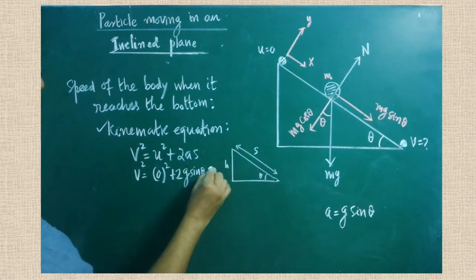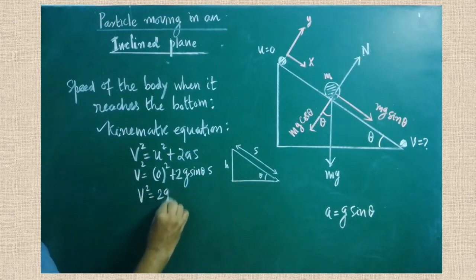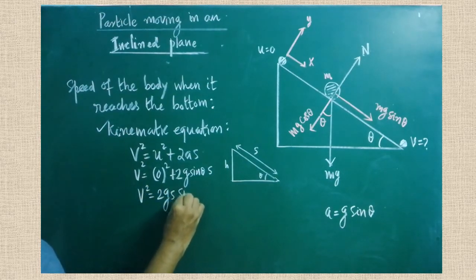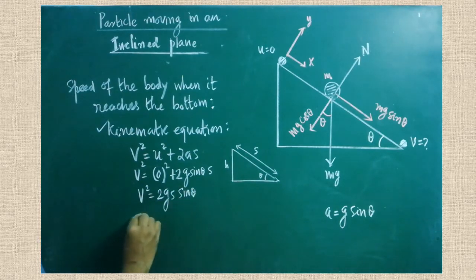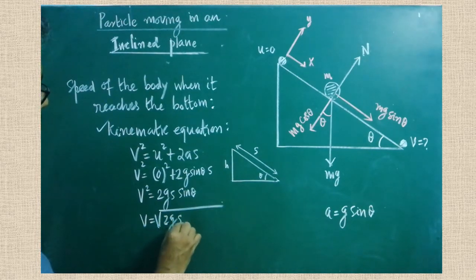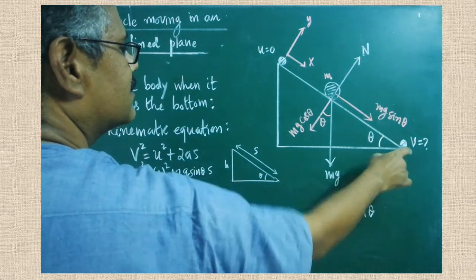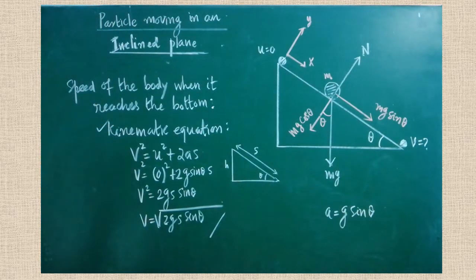So finally, you can write v square is equal to 2gs sin theta. If the square root is taken on both sides, you will get v equal to square root of 2gs sin theta, which is the expression for the velocity with which it reaches the bottom of the inclined plane. Very simple expression, may be asked for 5 marks. Okay.